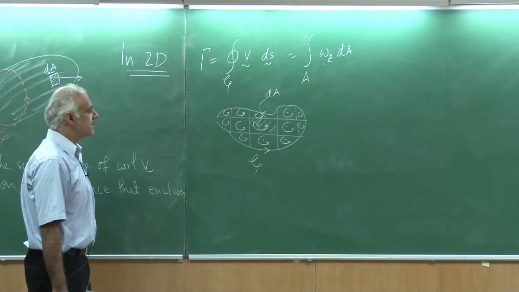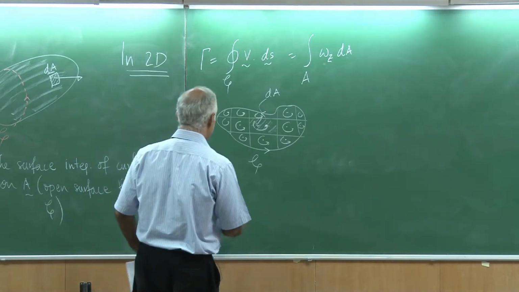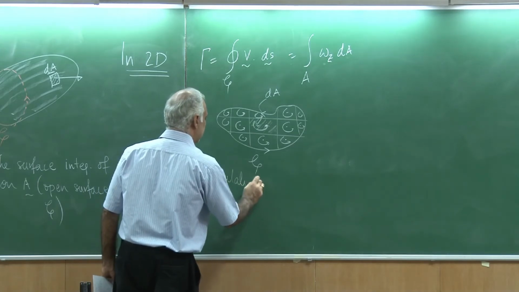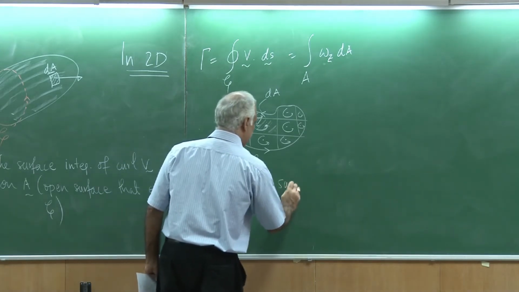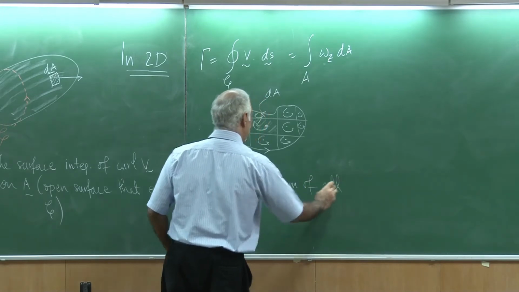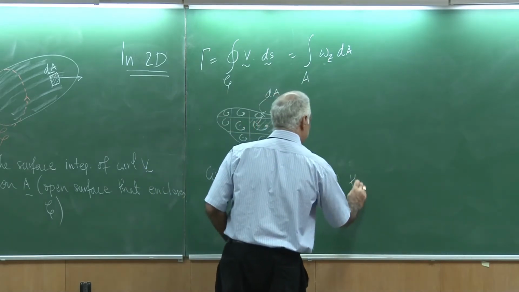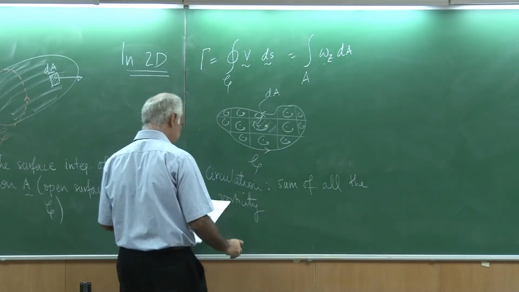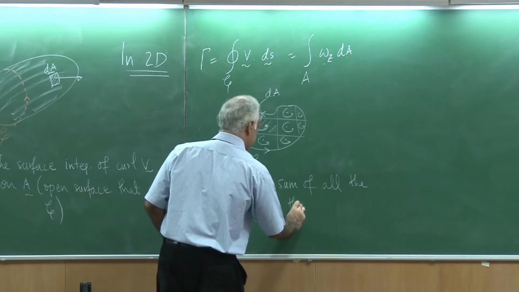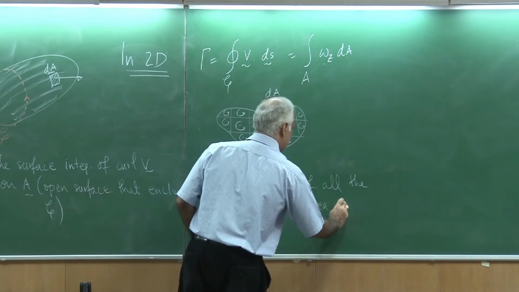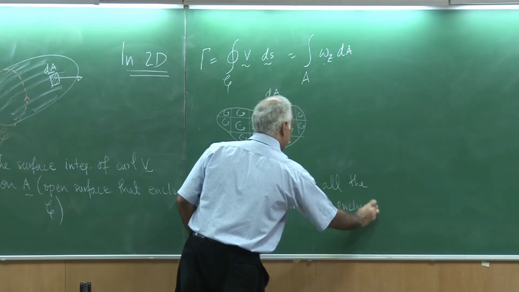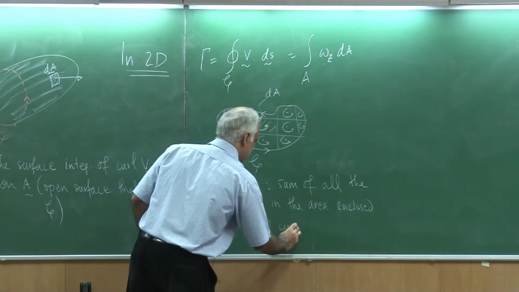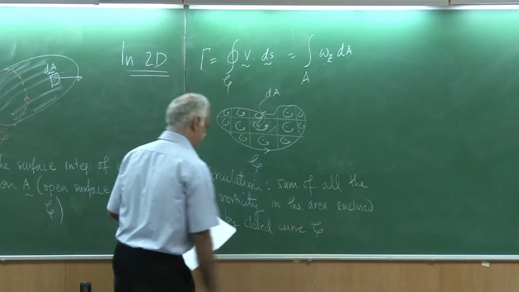Okay, so, that is in 2 dimensions. So, in some sense what we are saying is that circulation is actually the sum of all the vorticity in the area enclosed by closed curve C. Okay.